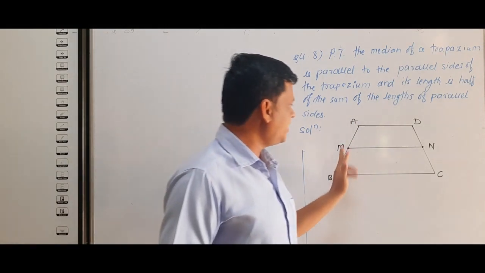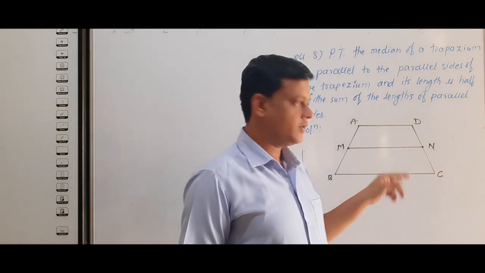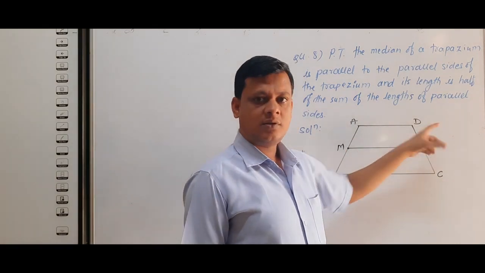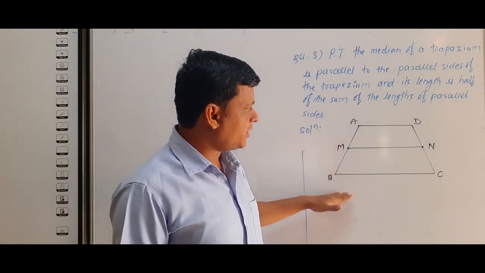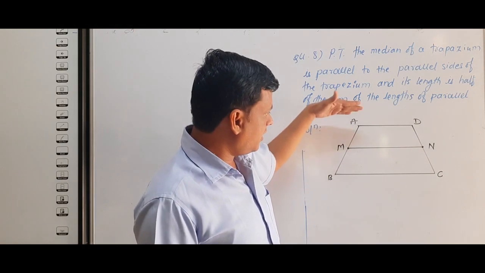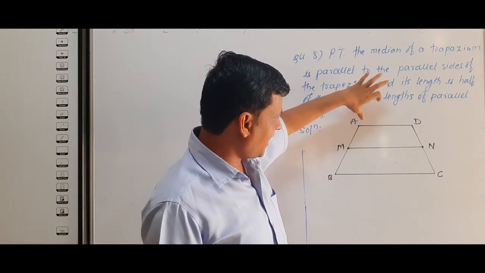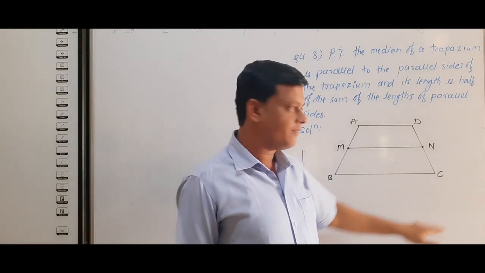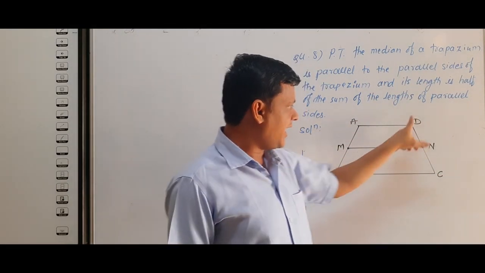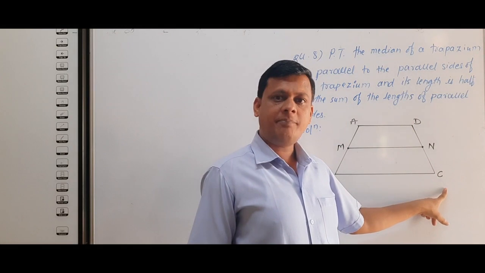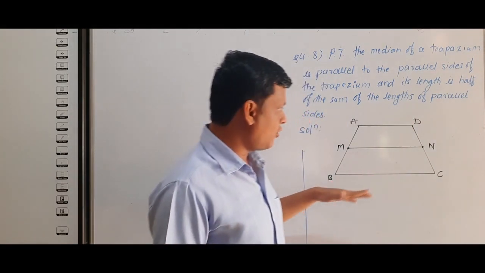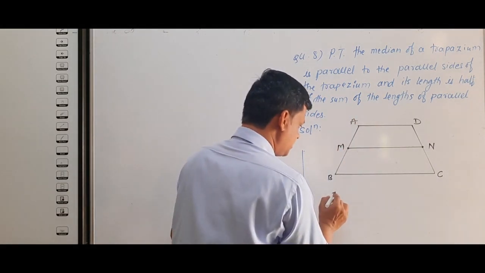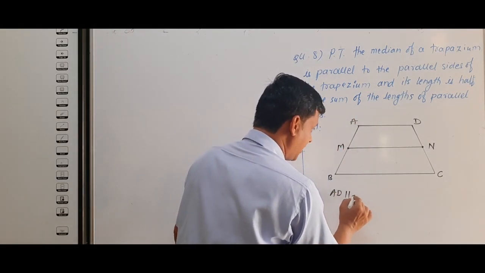Now we have to consider a trapezium first. So we consider here trapezium ABCD, and here we consider these two sides AD and BC as parallel sides, and AB and DC are non-parallel sides.